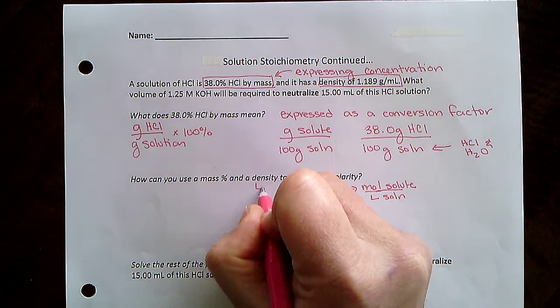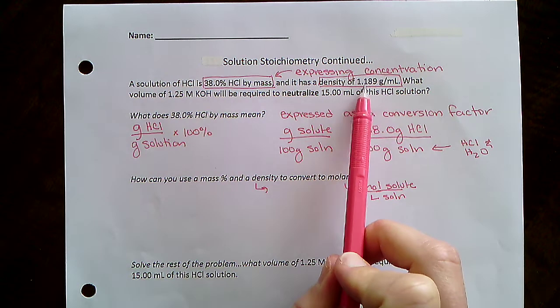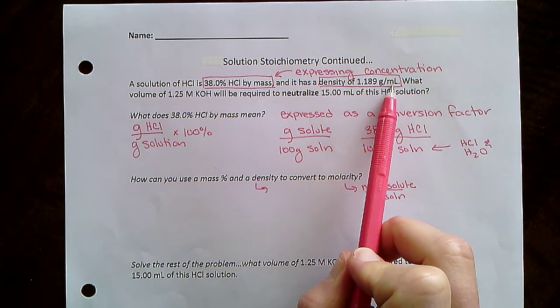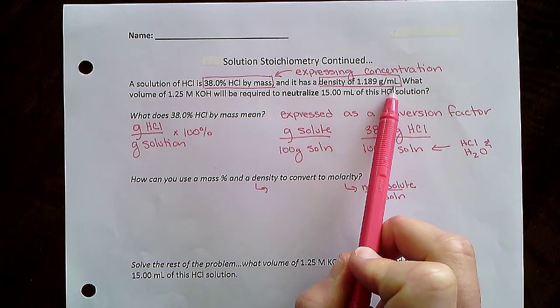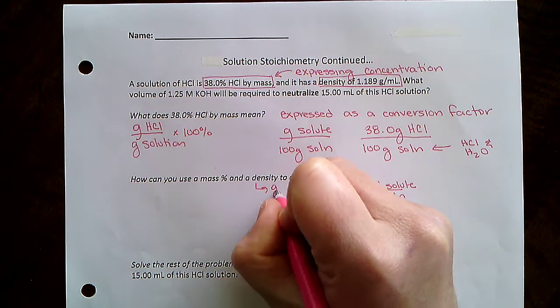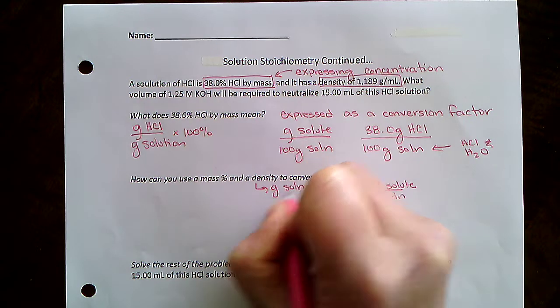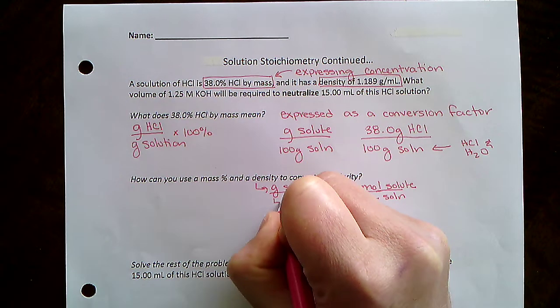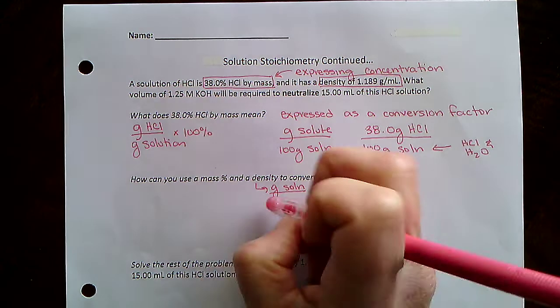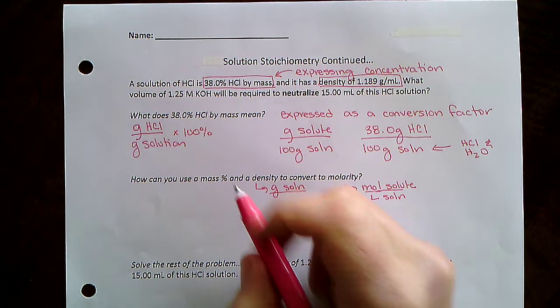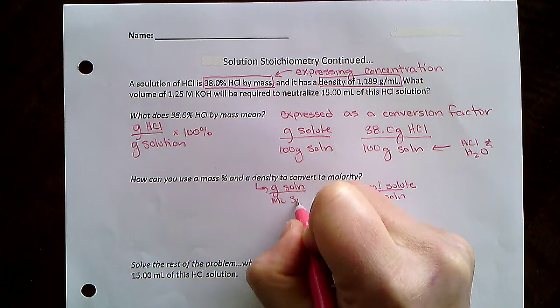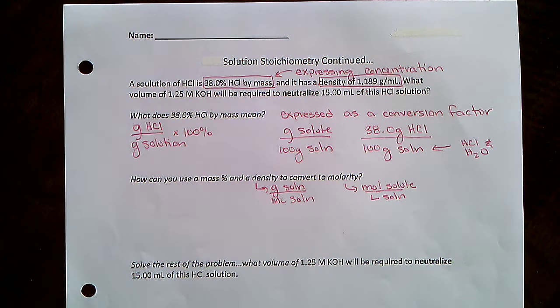Density, when they give us 1.189 grams per milliliter, both of those units are about the solution. So they're giving you grams of solution per milliliter of solution. So that's an interesting difference.